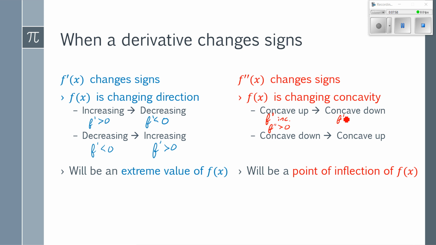Concave down means f prime is decreasing, which means f double prime is negative. And then that same idea when we switch from concave down to concave up. So if f prime changes signs, we have an extreme value. If f double prime changes signs, we have a point of inflection.